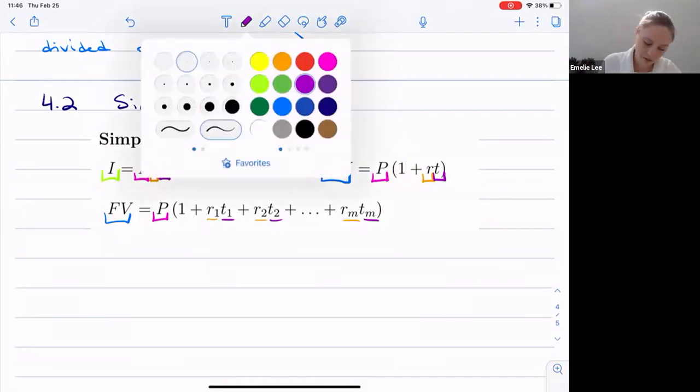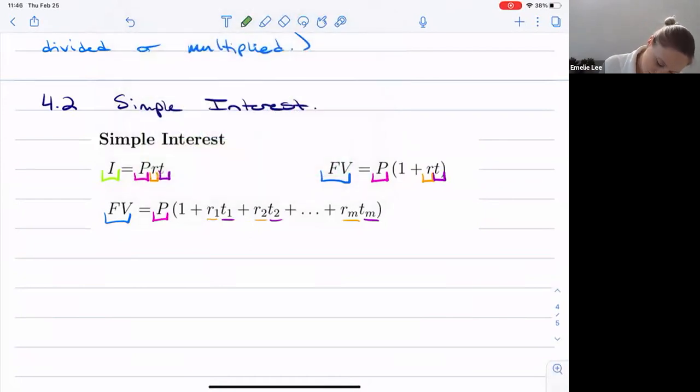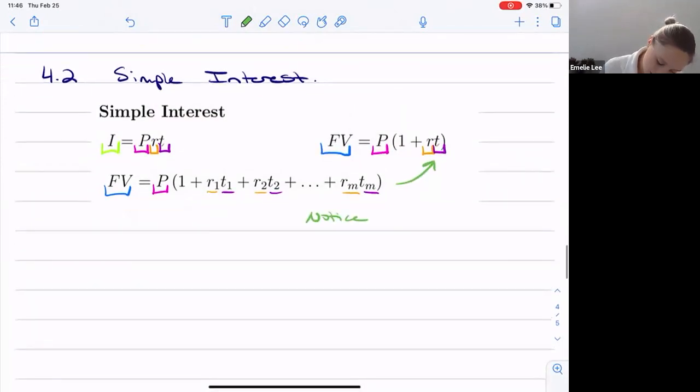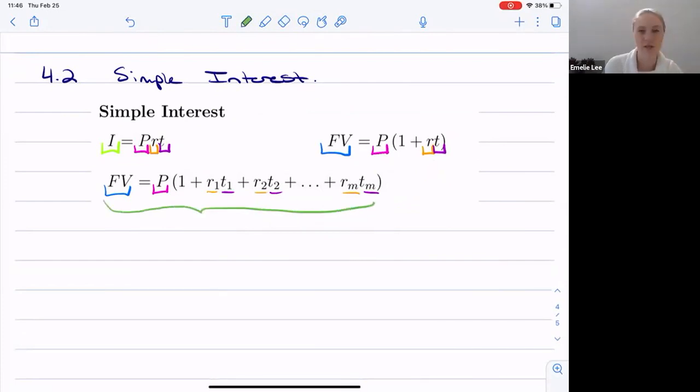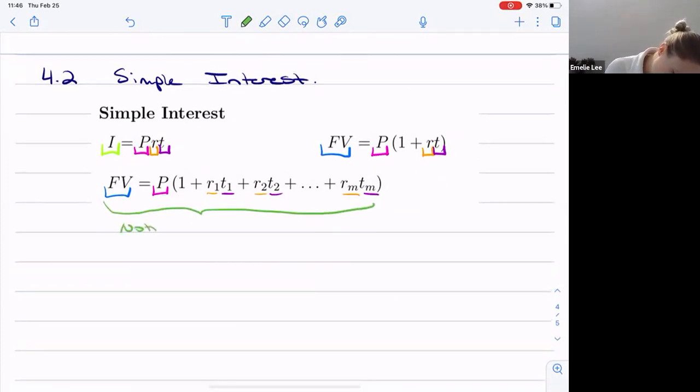Notice, there, I'll highlight that that's the whole thing I'm talking about.